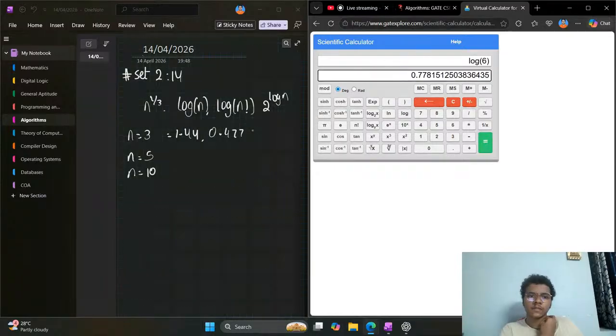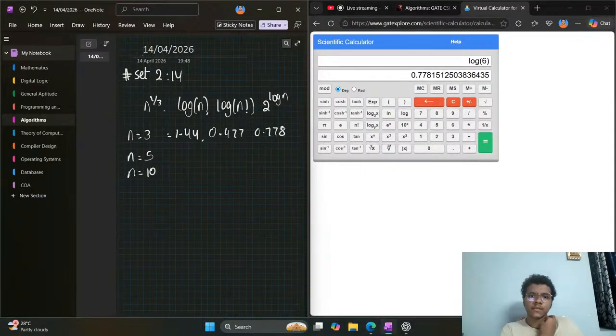So log 6, that is 0.778, and 2 to the power of log n.